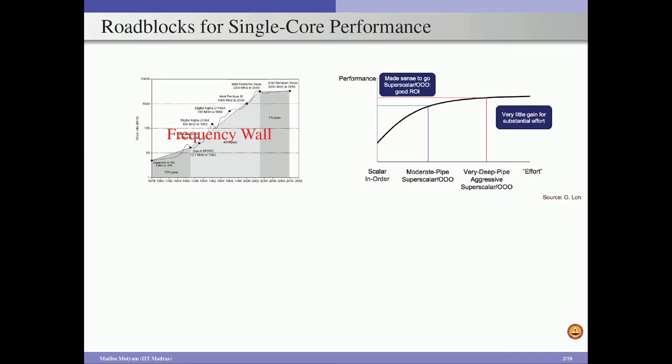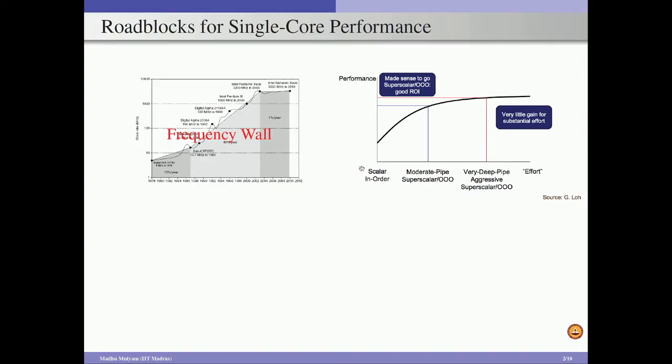improves the overall performance. But from this graph, you can see that the x-axis shows the effort we put in and the y-axis shows the performance we get in return. We started with the scalar in-order processor, moved to a moderate pipeline superscalar processor with out of order execution, and further moved to a very deep pipeline superscalar processor with out of order execution as well as aggressive superscalar mechanisms.